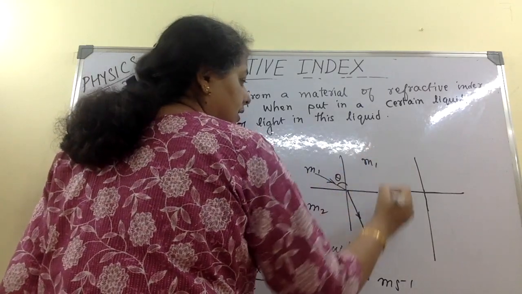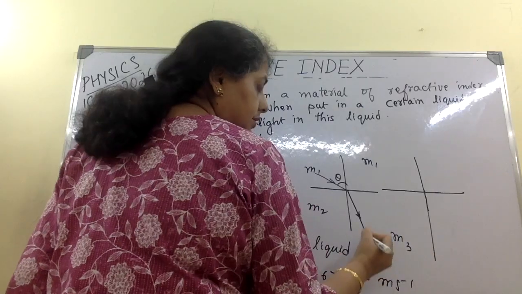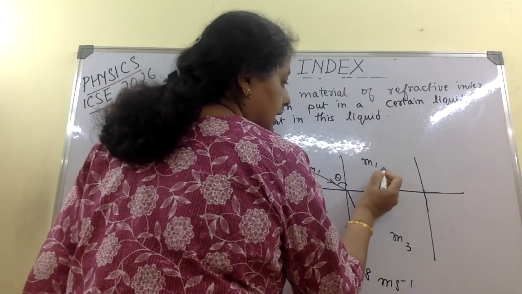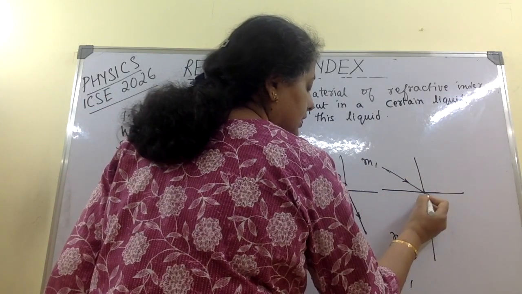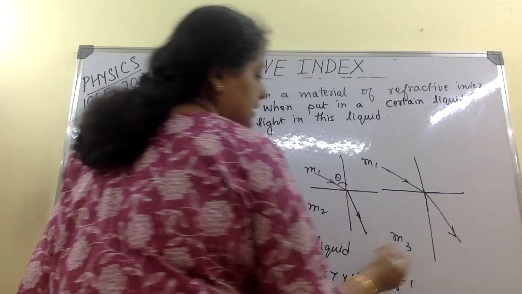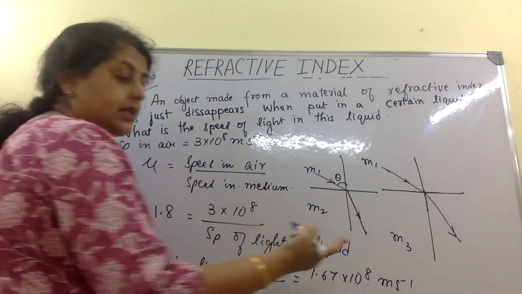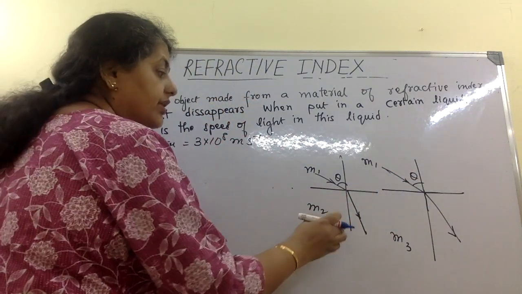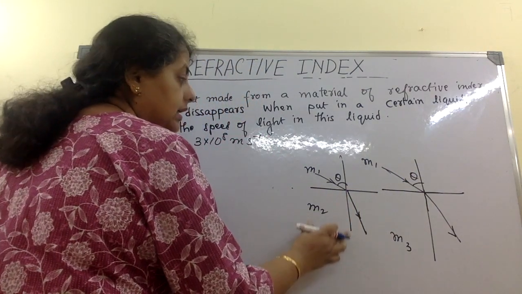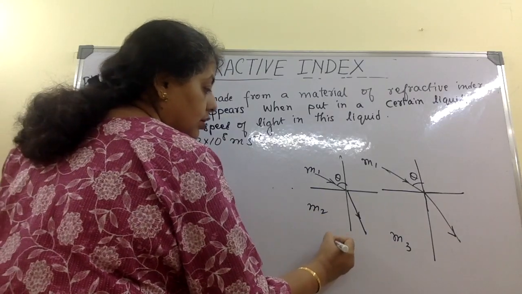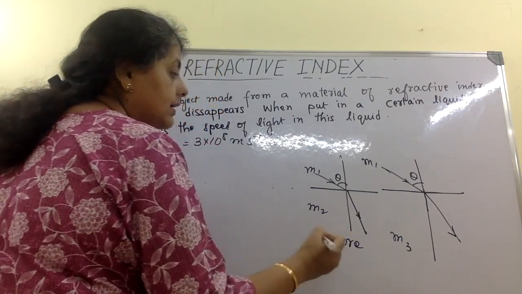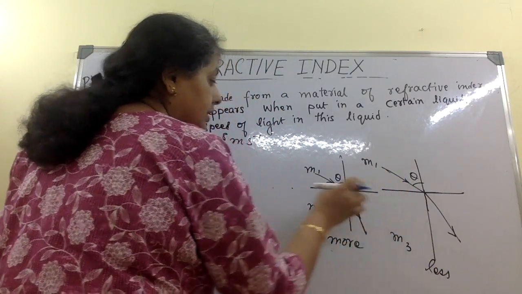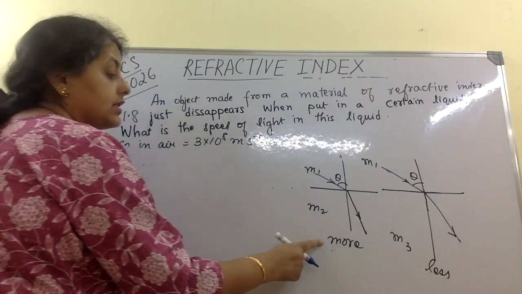Supposing I have medium 1 here and medium 3 here. Here the ray goes, but the bending is slightly less. You can see the bending is less here and more here for the same angle theta. So when it is bending more, the refractive index is more, and where it is bending less, the refractive index is less between these two media.